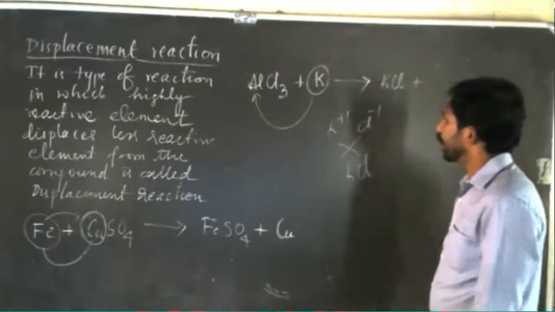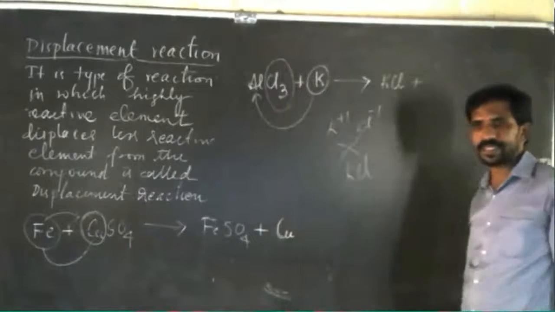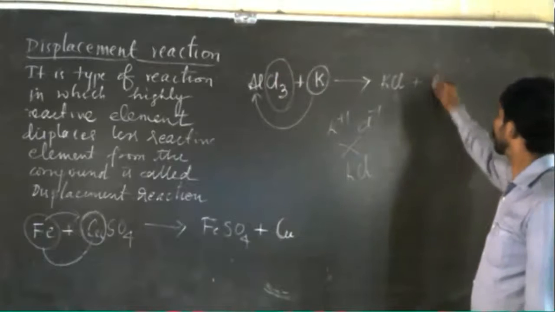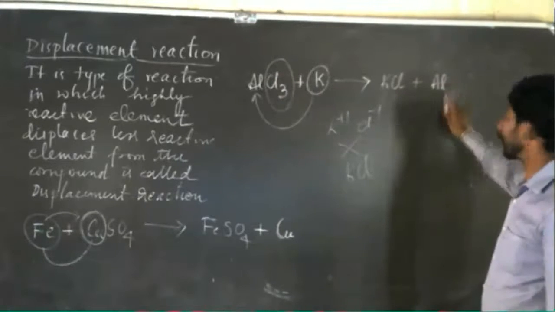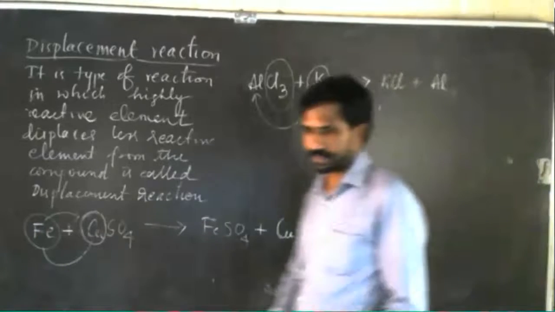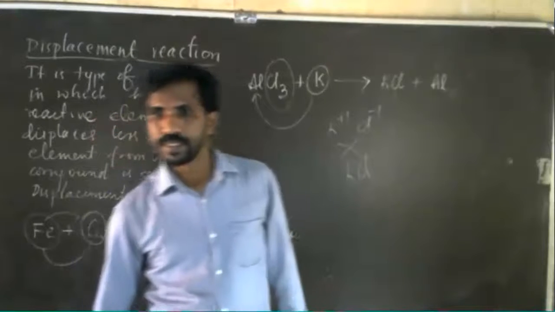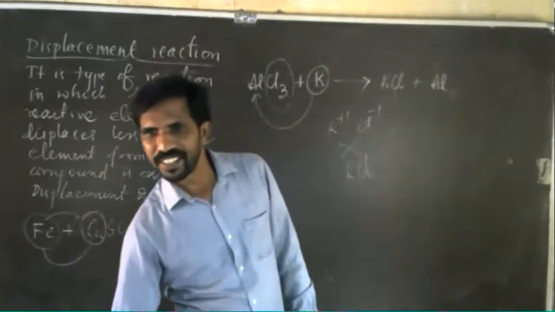What happened? K plus 1, Cl minus 1, so that becomes KCl. KCl plus what is remaining? Chlorine is remaining here. Al, sorry. Can I write Al3, or what should I write over here?